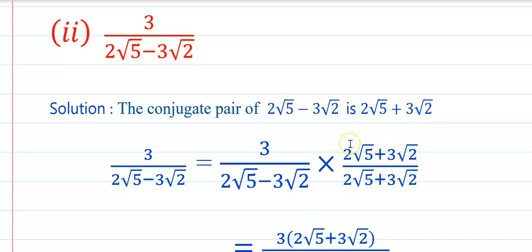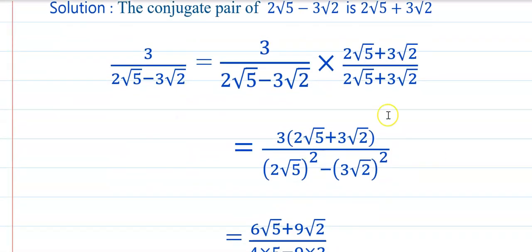Therefore, we will multiply the numerator and the denominator of this expression 3 upon 2 root 5 minus 3 root 2 by 2 root 5 plus 3 root 2 upon 2 root 5 plus 3 root 2. Now their multiplication: 3 in bracket 2 root 5 plus 3 root 2 upon a minus b and a plus b, 2 root 5 bracket square minus 3 root 2 bracket square.